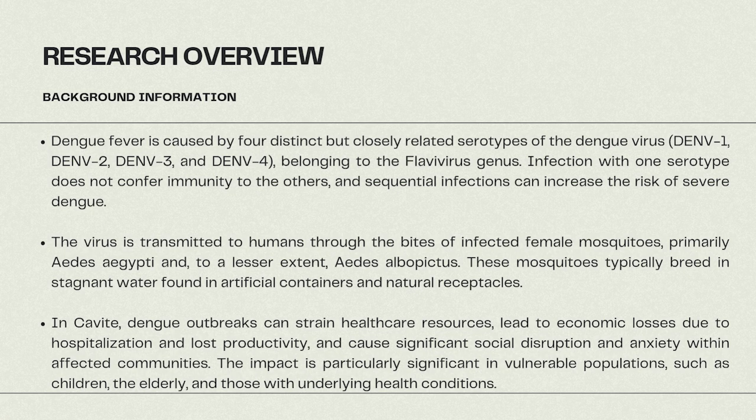The virus is transmitted to humans through the bites of infected female mosquitoes, primarily Aedes aegypti, and to a lesser extent, Aedes albopictus. These mosquitoes typically breed in stagnant water found in artificial containers and natural receptacles.